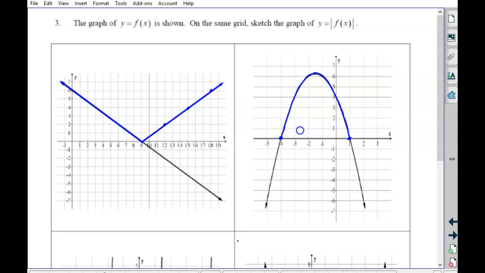You want to try to make it as accurate as possible. Here, there aren't that many points that cross at a grid crossing, but for sure do those ones. When x is -5, y is -6, so now that's going to be +6. And same on the other side. It's going to still be symmetrical.